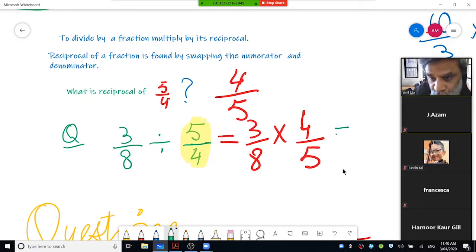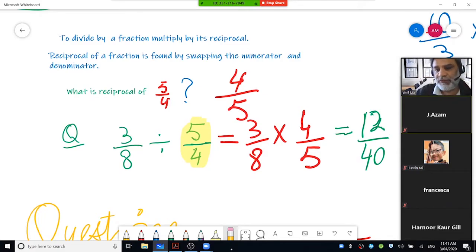We multiply the numerator. 4 times 3 is 12. So this becomes 12. And 8 times 5 is 40. So this is what we get if we don't simplify it.